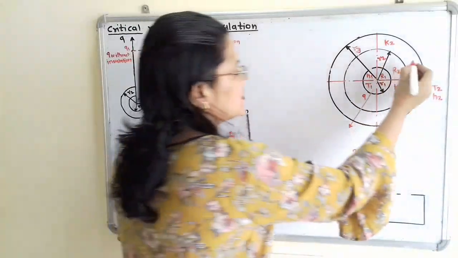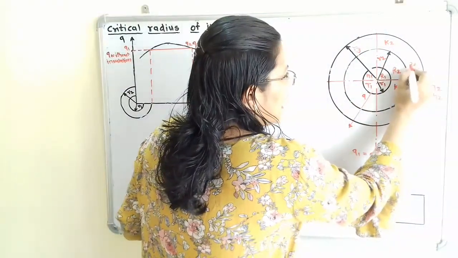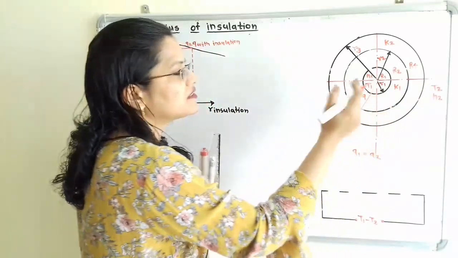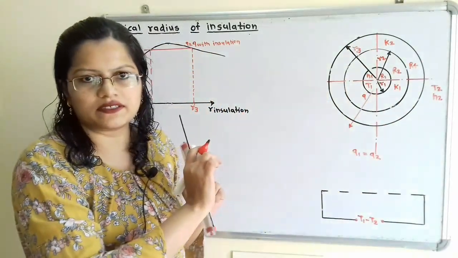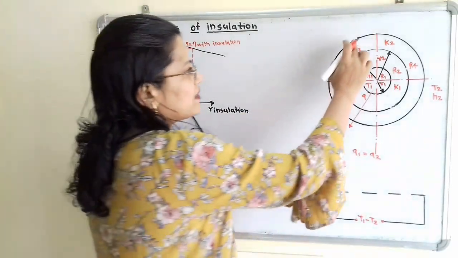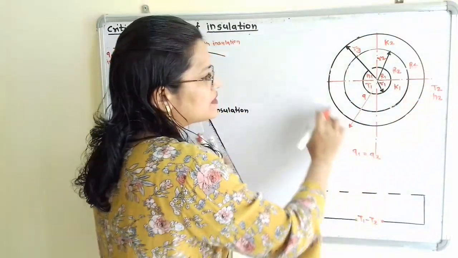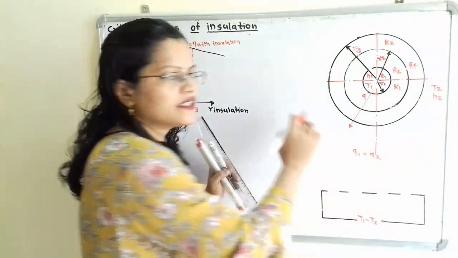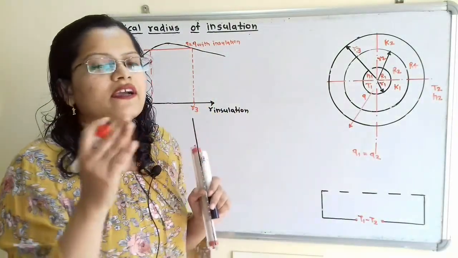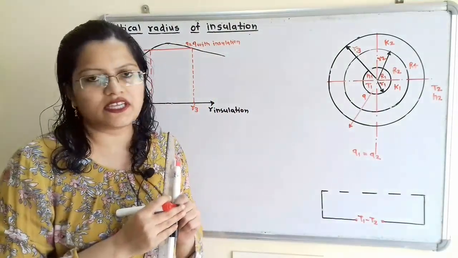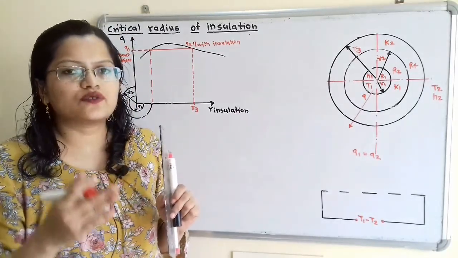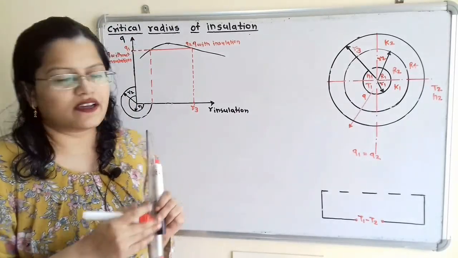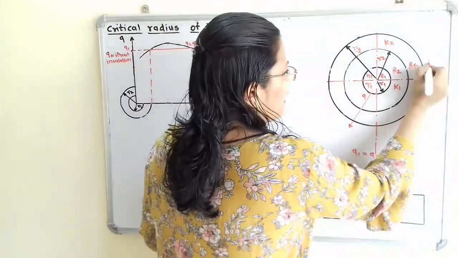This R4 is the resistance due to conduction in this insulation. And at the outer surface of this insulation, air is in contact, where the convection heat transfer process is taking place. So we will consider R5, the resistance due to convection heat transfer.